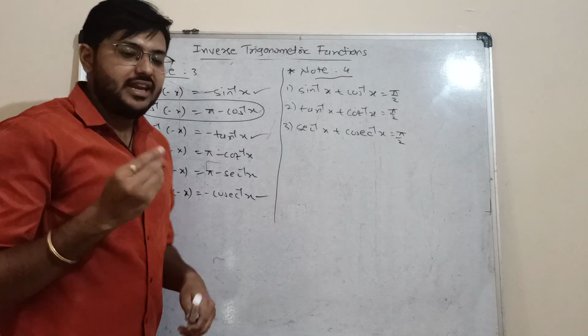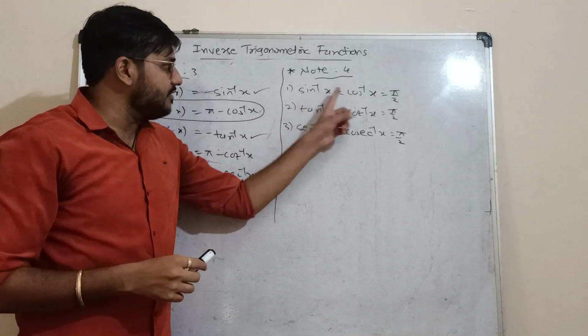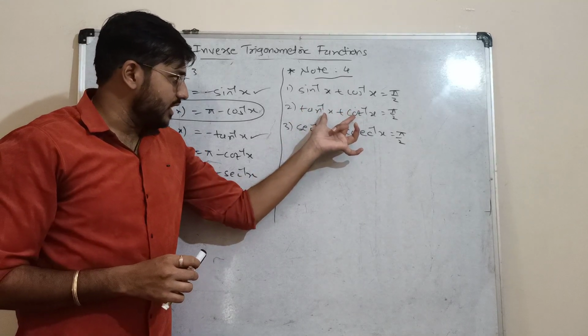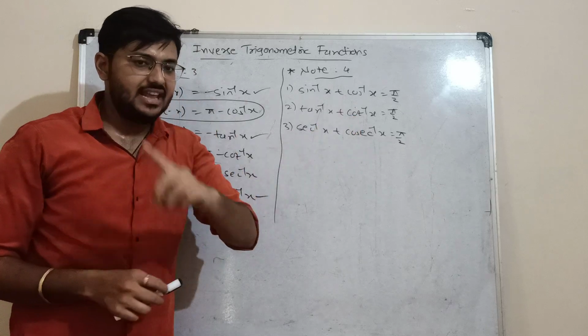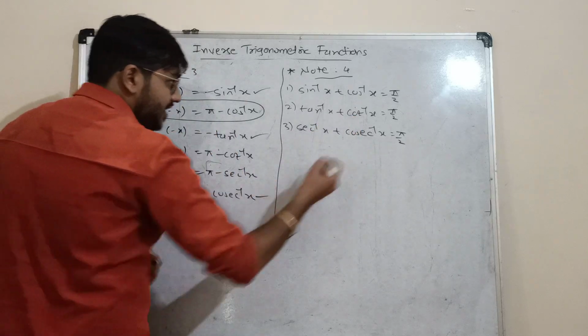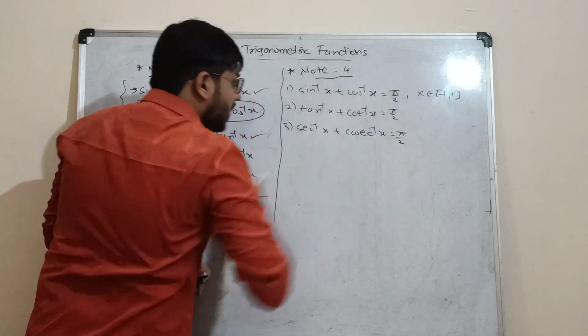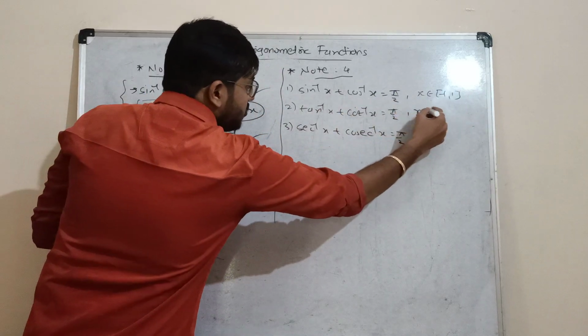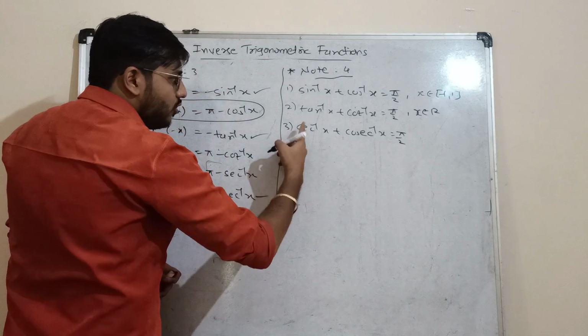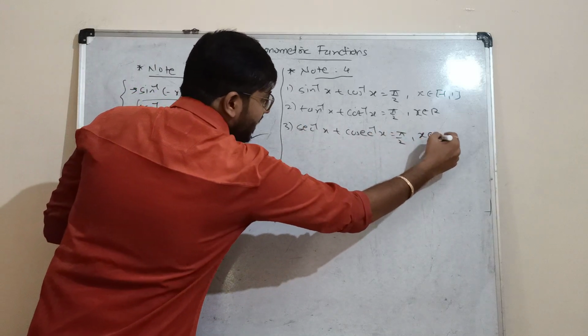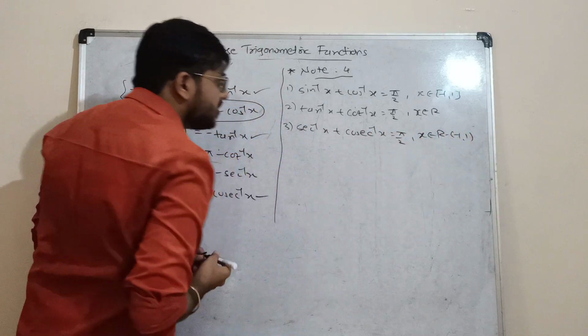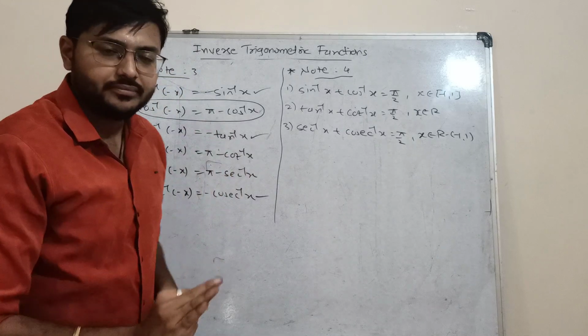Now, if you have any query about why it is only the sine inverse cos inverse combination, and only the tan cot combination, the very first thing is that both sine and cos have domain minus 1 to 1, both tan and cot have domain R, and both sec and cosec have domain R minus (minus 1 to 1). This is the very first rule.